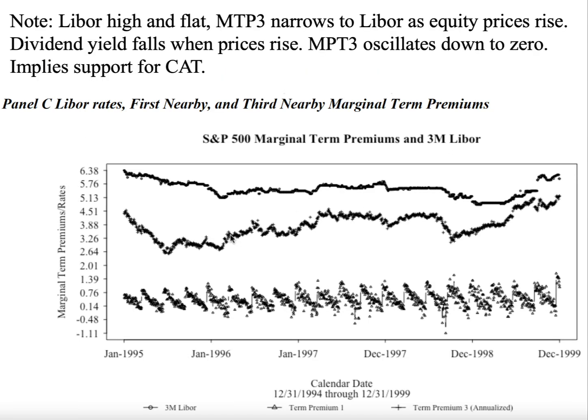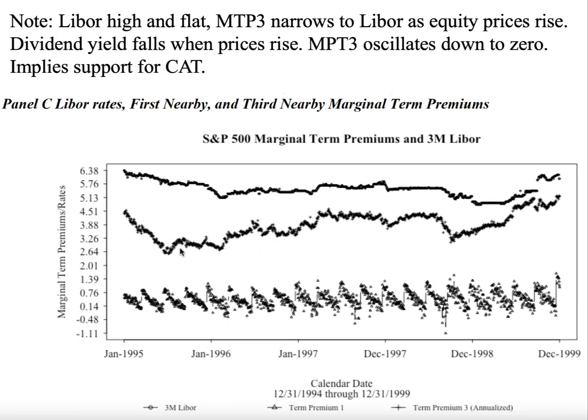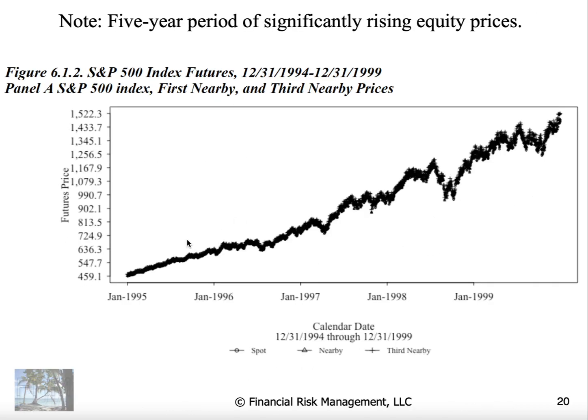This 5-year window of 94 through 99, what we observe is an upward sloping futures price. Therefore, for each quarter, we have the third nearby going up. As the price goes higher up, the third nearby basis goes lower. And so you might think there's a pattern there. You'll notice a similar pattern for the first nearby, but just not as great. If we overlay this pattern with interest rates, what we observe is that as interest rates came down and the third nearby got closer to the LIBOR, the primary driver for that, recall that as the price goes up, the implied dividend yield is going down.